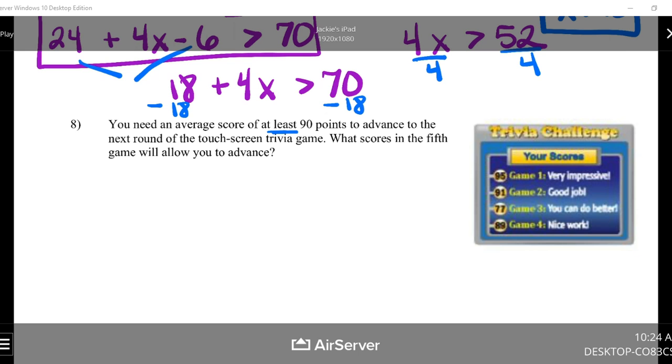So we're talking about the average. So how we find the average is we take the sum of the scores. Okay, so you add up the 5 games, so game 1 plus game 2 plus game 3 plus game 4, and then we divide that by the total number of scores.